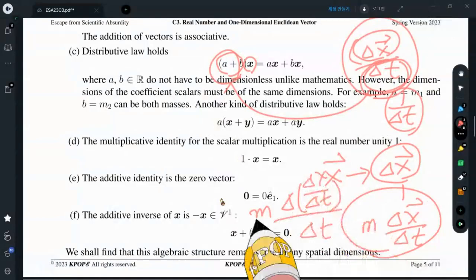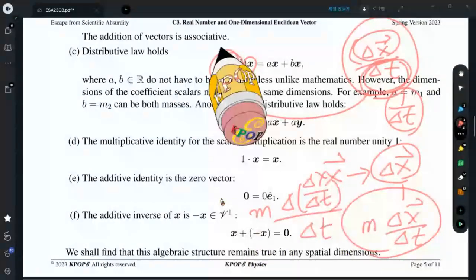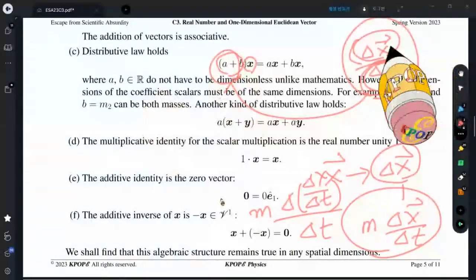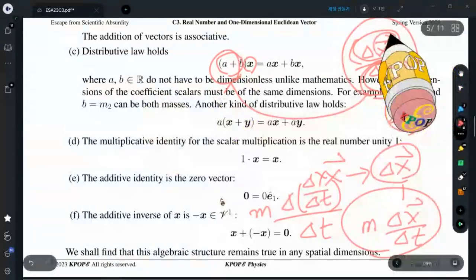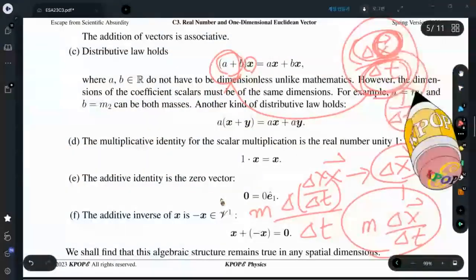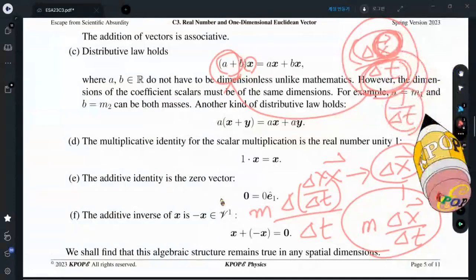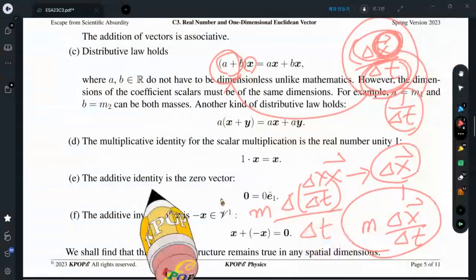In this manner, we can extend our understanding of nature from the beginning, this simple displacement vector, to arrive at velocity, acceleration, and then force, and further, and finally the energy or something like that.